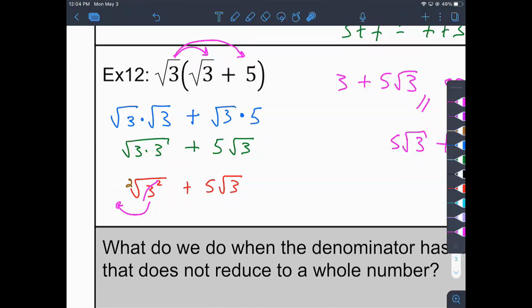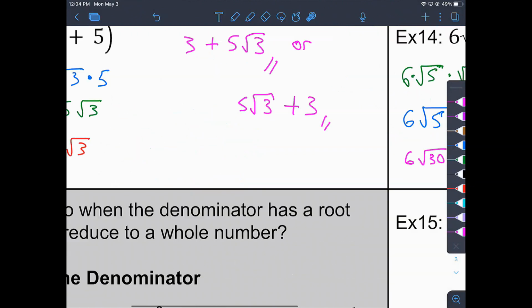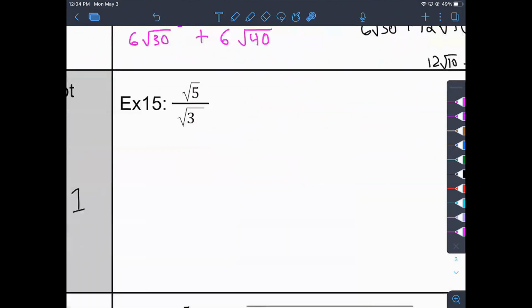And look, the root was gone. So that's kind of your clue here, is to get rid of the root, you got to multiply by something that's going to get rid of the root on the bottom. And in this case, it's simply put as multiply by whatever's already on the denominator. But you got to do it to the top and bottom.